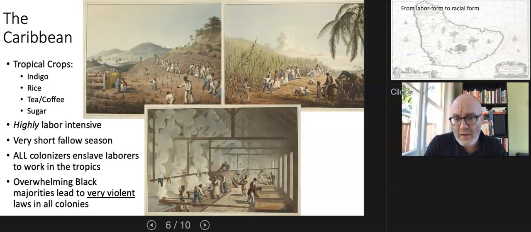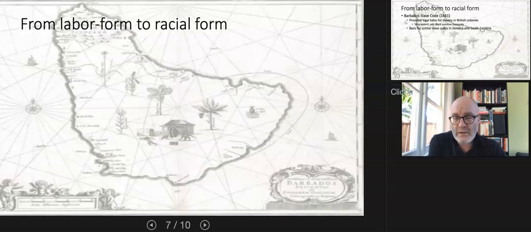Haiti, or Saint-Domingue, when it's French, is 90% black. So you have enormous black majorities, very, very small white minorities. And what this leads to is very, very strict and very violent laws to control, to subjugate, to subdue the enslaved laborers. So let's look at one form here in Barbados.